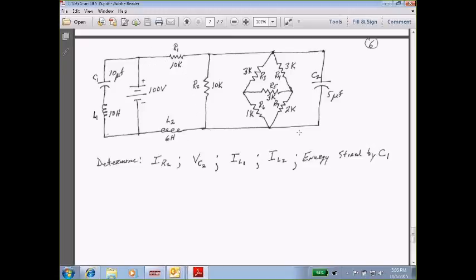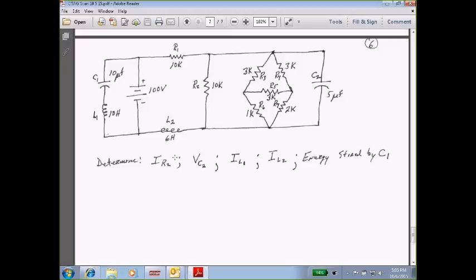So my total resistance is 11.8K ohms. Now I can find my total current, which is my source voltage divided by my total resistance, 100 volts divided by 11.8K, and here I did just a little bit of rounding. It's 8.5 milliamps. We get 8.5 milliamps.